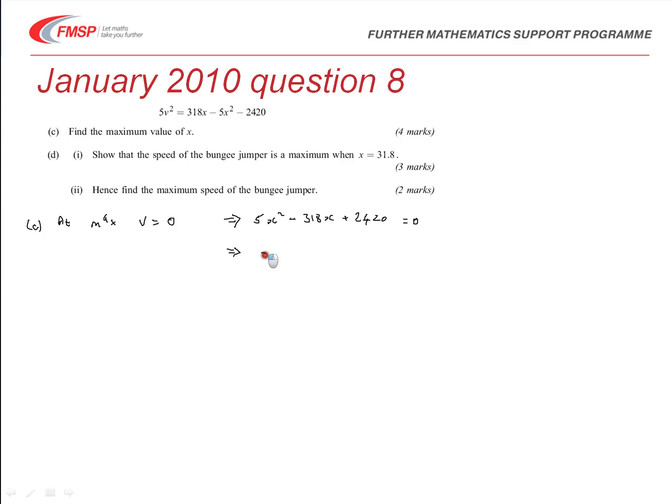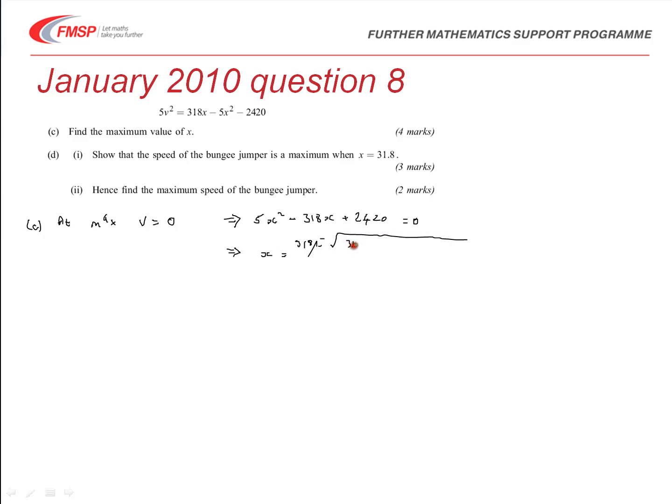So if you apply the formula, you'll get x equals minus b, so that's 318, plus or minus the square root of b squared.